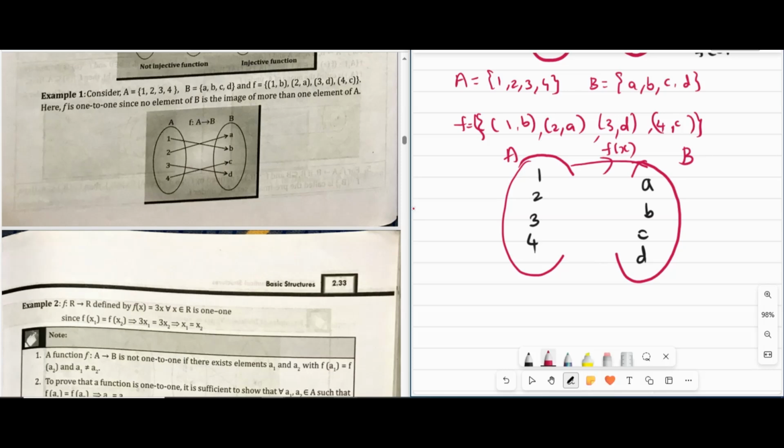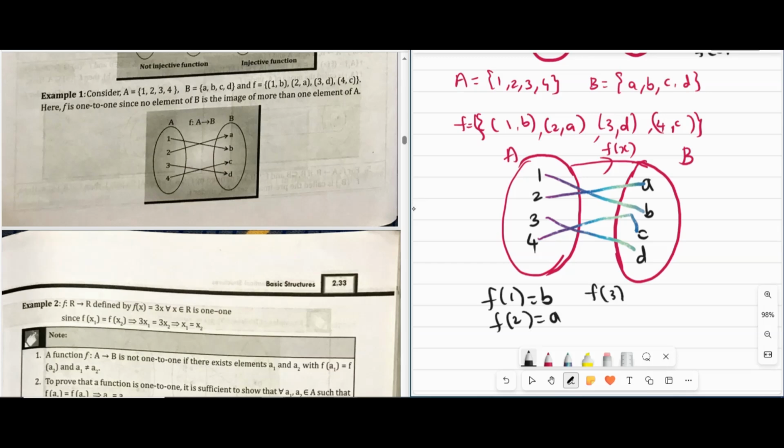See here. So now we have 1 to b, then 2 to a, then 3 to d, and 4 to c. So here we can write f of 1 equals b, f of 2 equals a, f of 3 equals d, and f of 4 equals c.